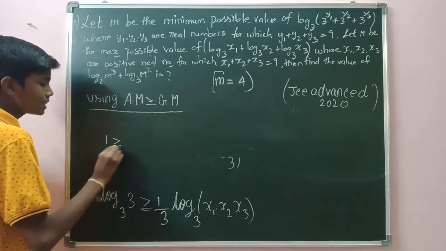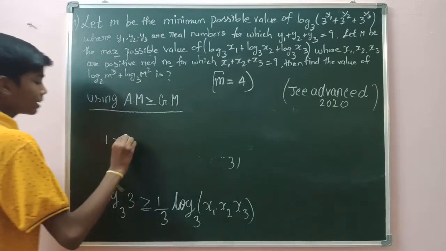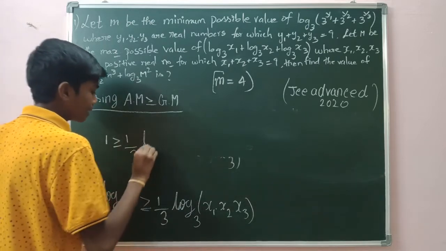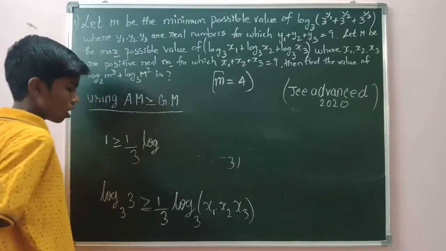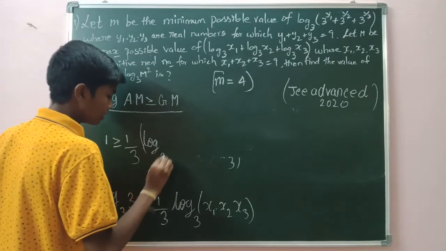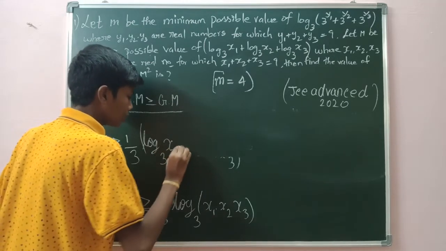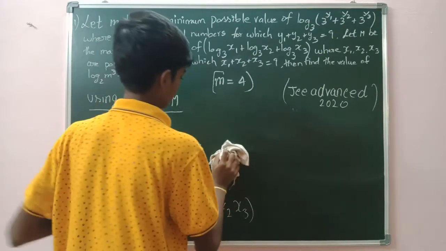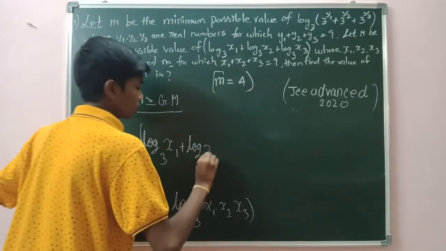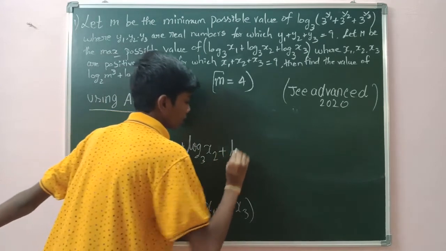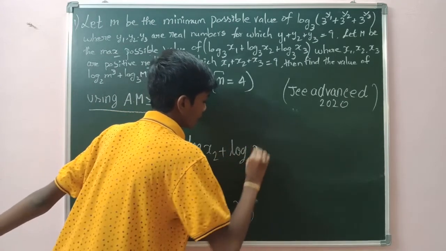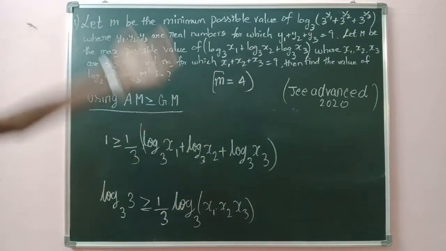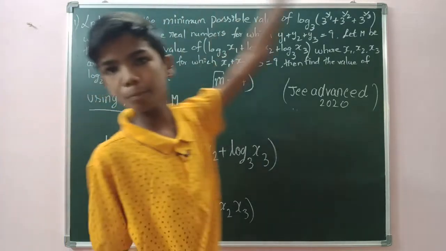So 1 is greater than or equal to 1 by 3 of log to the base 3 of x1 into x2 into x3, which can be written as log to the base 3 of x1 plus log to the base 3 of x2 plus log to the base 3 of x3. Correct na? Again properties. Very simple, people. Again I am using properties.